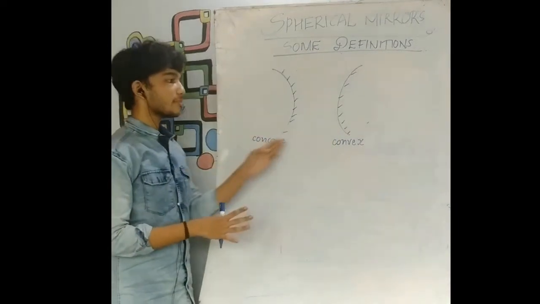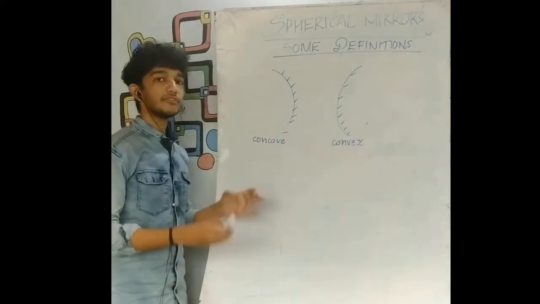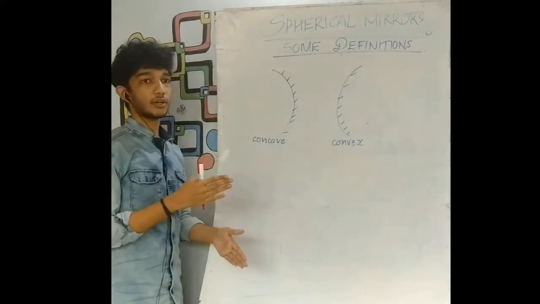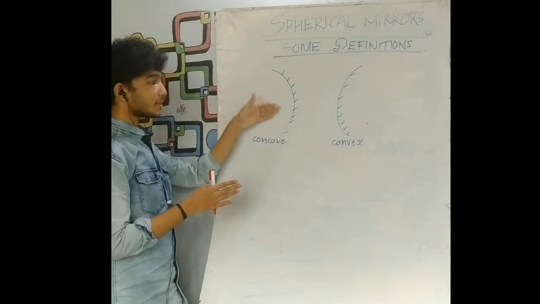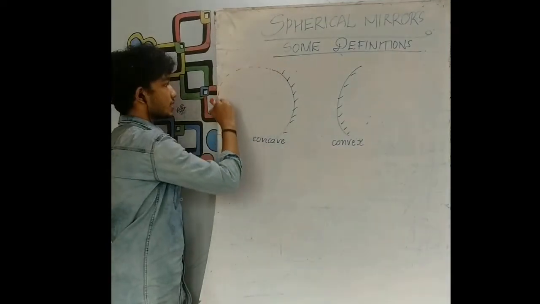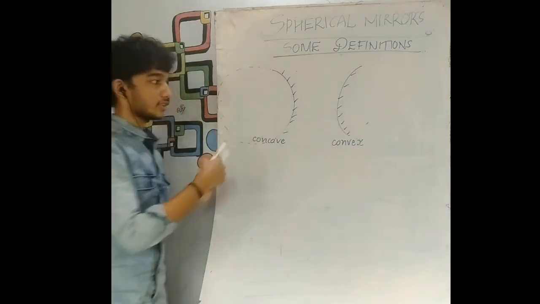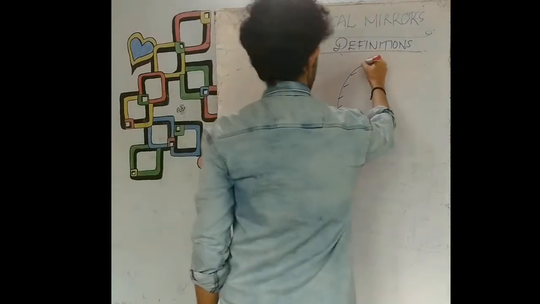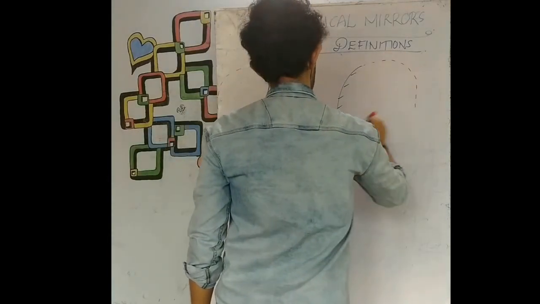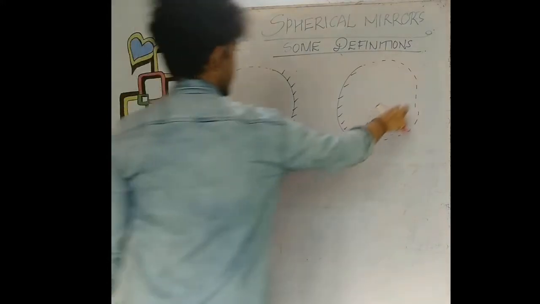Now, this concave mirror and convex mirror were initially parts of a sphere from which they were cut off. That means each can be represented as a part of a sphere. The sphere, let me represent using dotted lines.